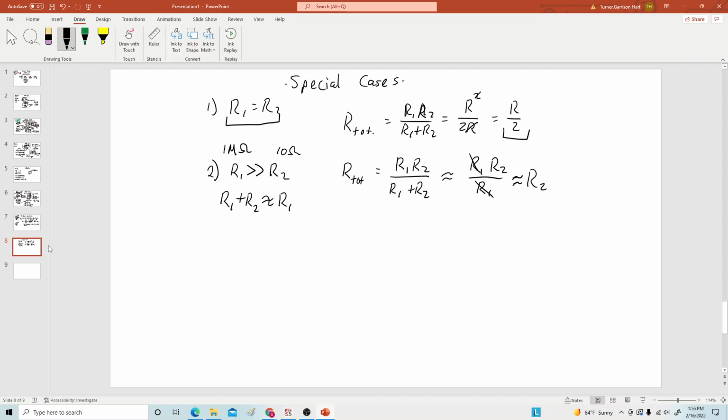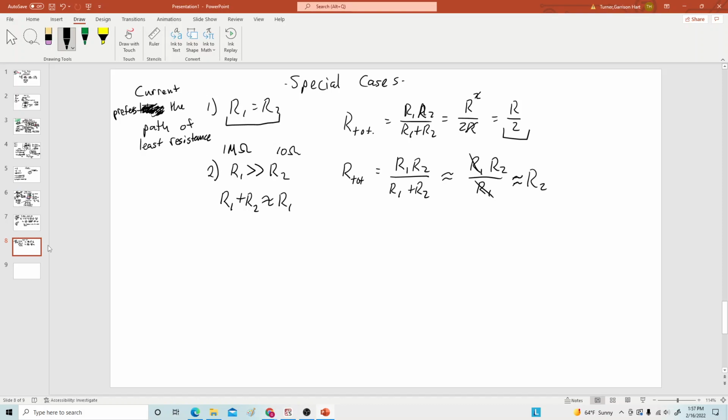Here's why. You've probably heard the statement that current takes the path of least resistance. This is not quite true. Current doesn't take the path of least resistance. Current prefers the path of least resistance.